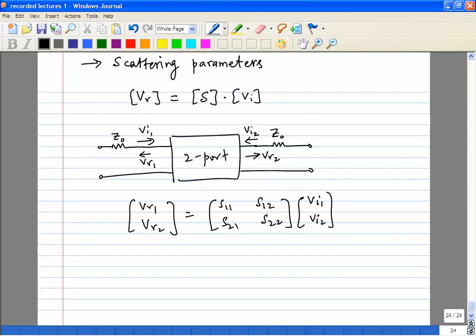Now what is also commonly done is the reflected and incident waves are normalized with respect to the characteristic impedance. So you define 4 other quantities. So you have Aj is Vij over root of Z0.